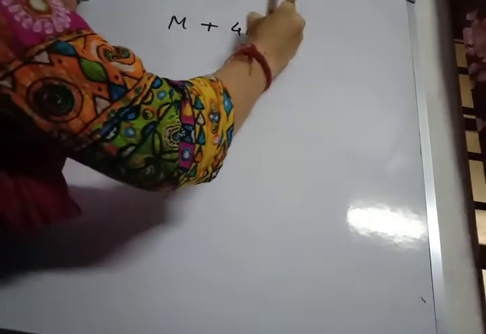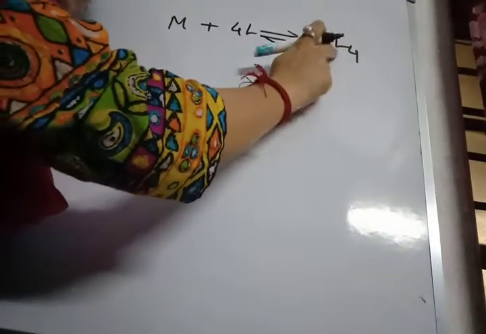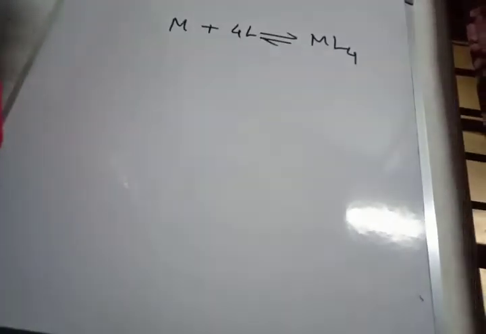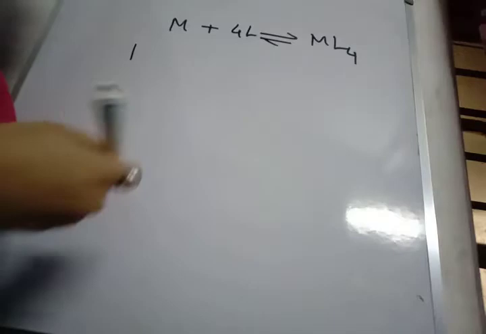If I consider an example for the formation of complex ML4, ML4 from ligand will be forming this one. So I'll be considering the formation of ML4 step by step. This is the overall step. Now this I'll be dividing into a number of steps.